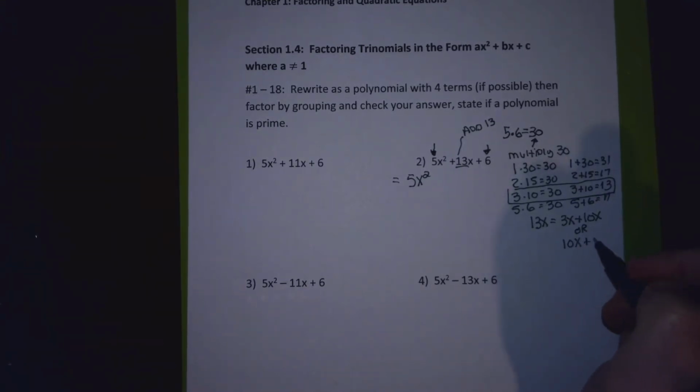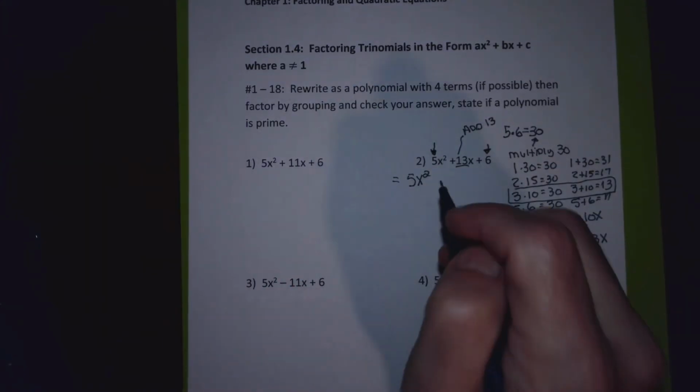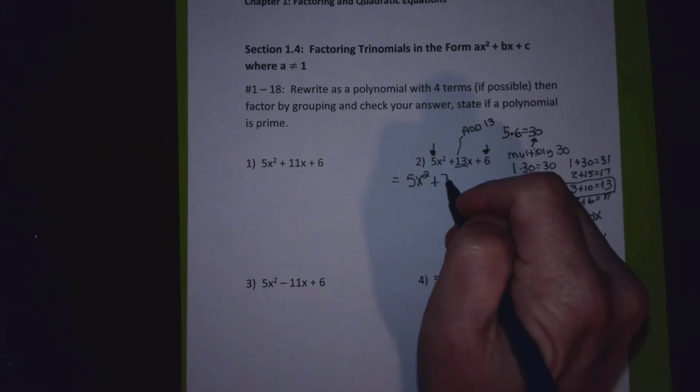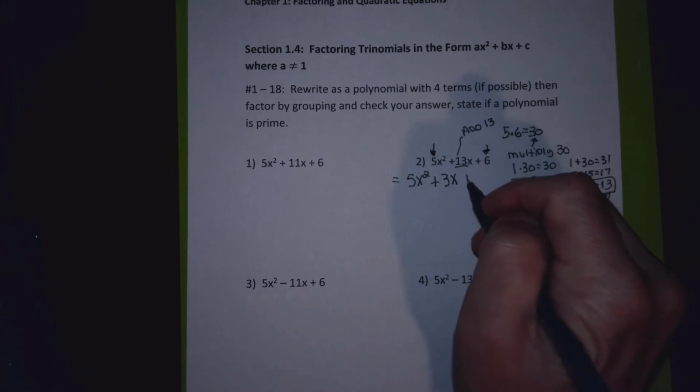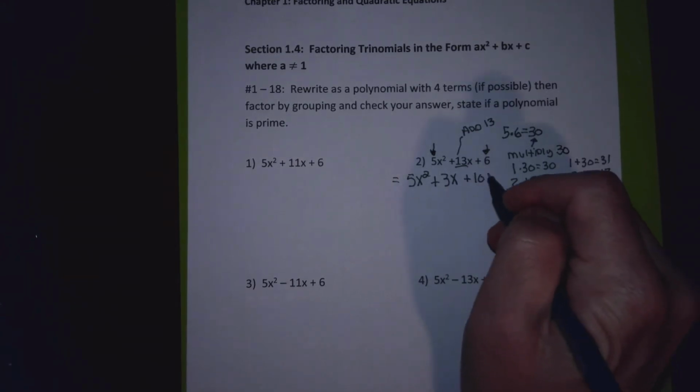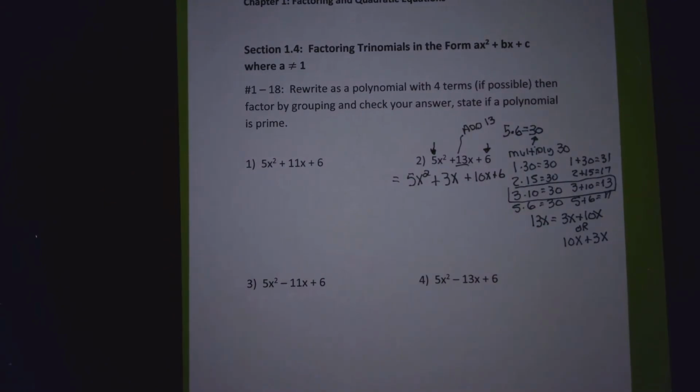I could make it first or I could make it second. Both of these would be correct ways to rewrite the problem, and it doesn't matter which you choose. Your algebra is going to look different if you choose a way different than me, but the answer is going to be the same regardless.